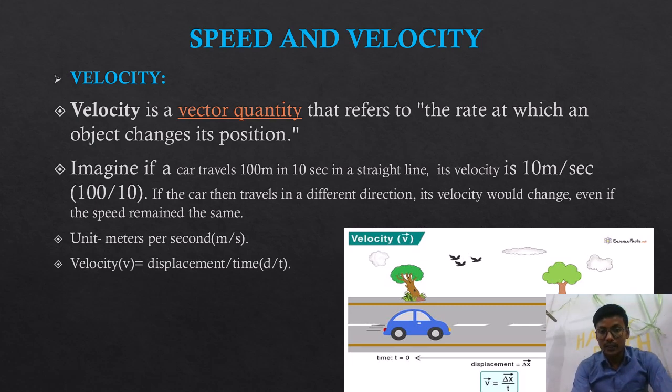You can see the example of this car. Imagine this car covers 100 meters in 10 seconds in a straight line. So the velocity is 10 meters per second, and velocity equals displacement divided by time taken. Understood? So go to the next slide.